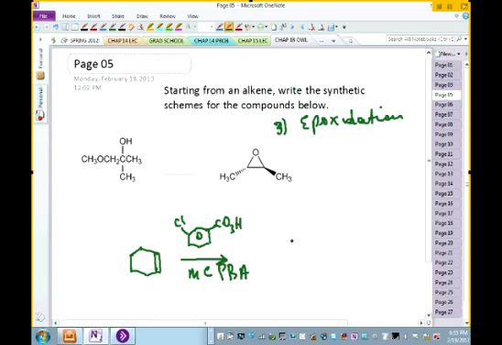Now if you do that, what do you get? You get an epoxide. Now another way to make epoxide, of course, is, let me take this.